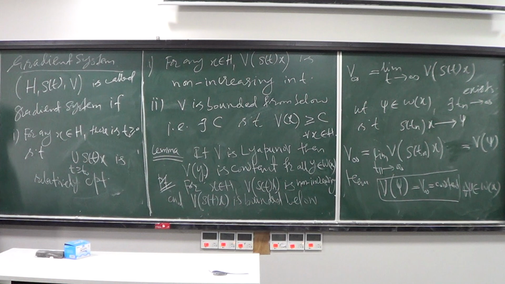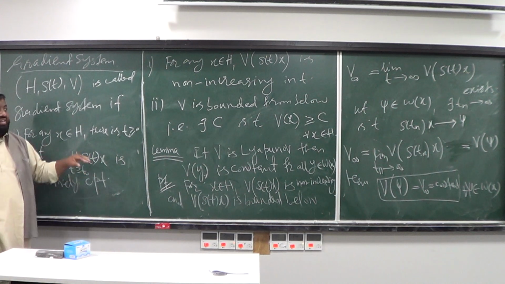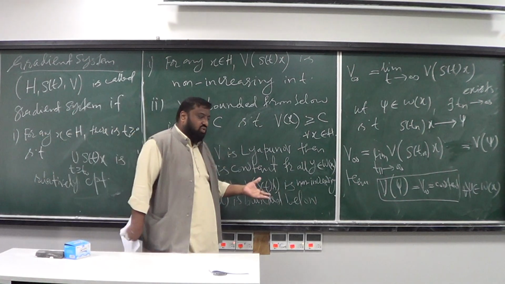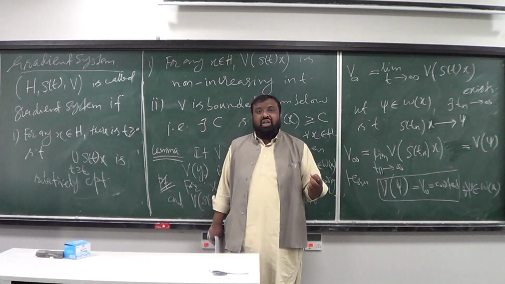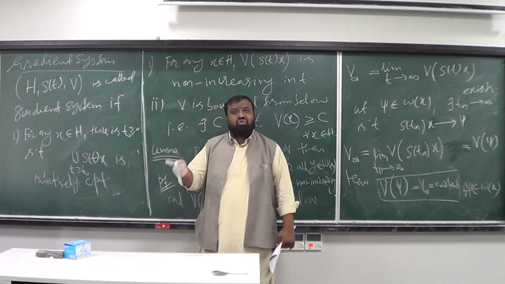And you have to keep one thing in head. You can immediately see that if you know your flow is a gradient flow, then this condition is satisfied. And if this condition is satisfied, then the last lemma that we proved about omega limit set, which requires this condition, has its assumption true.